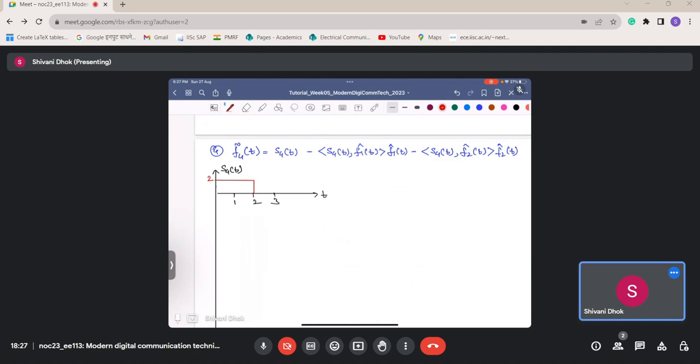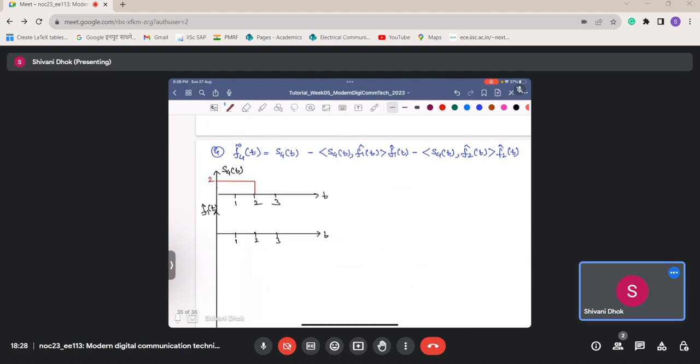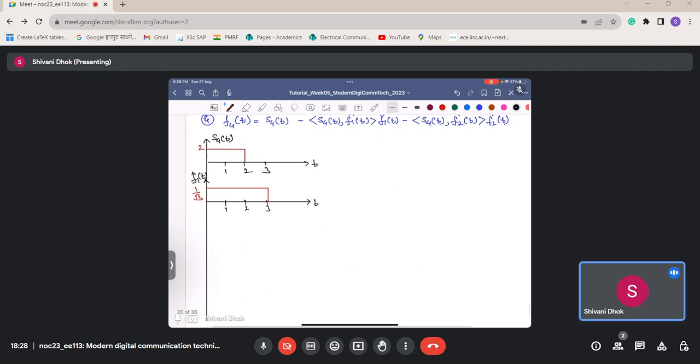Then we have this t 1 2 3, and I'll plot f1 hat of t here, which is 1 by root 3 for all t, and then I'll draw f2 hat of t.